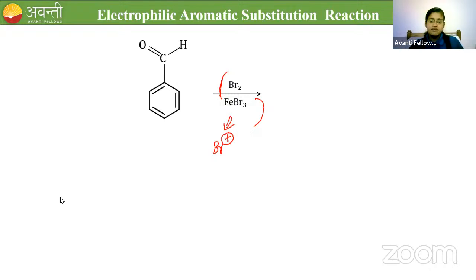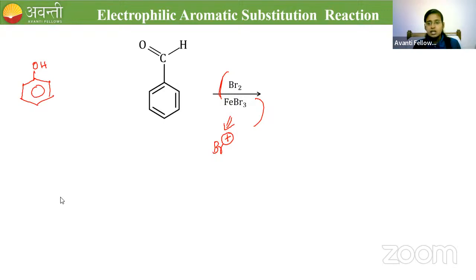So far, we have discussed the reactant or the phenyl ring which carries an electron donating group. For example, in case of phenol, we had OH, which is an electron donating group.